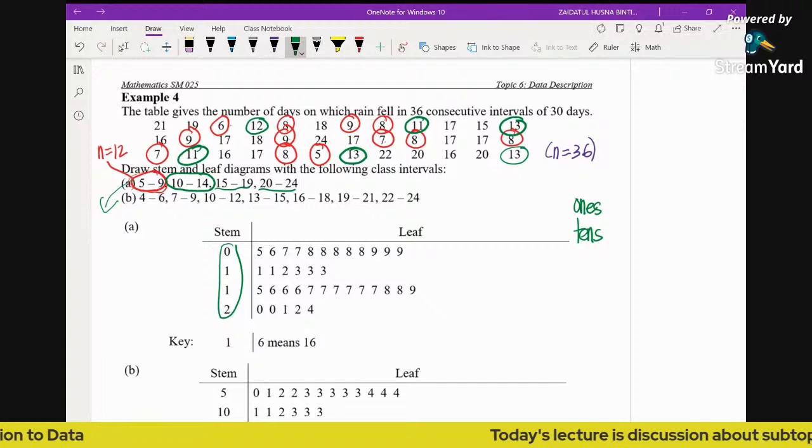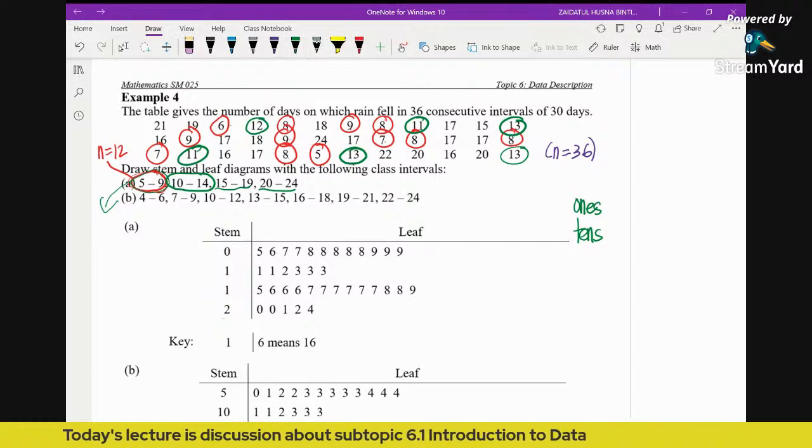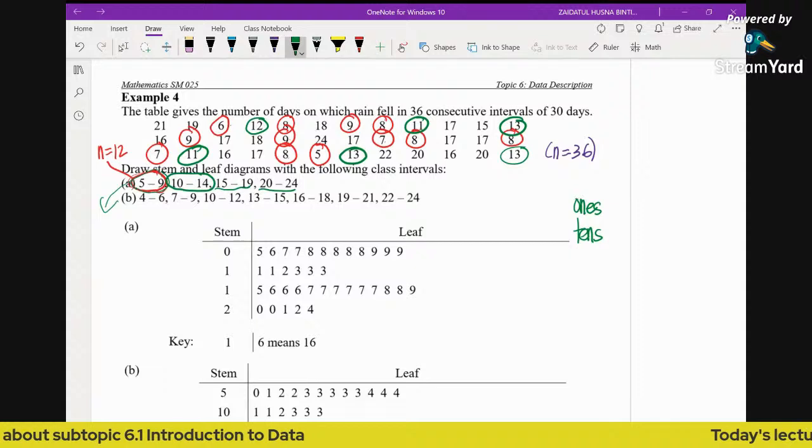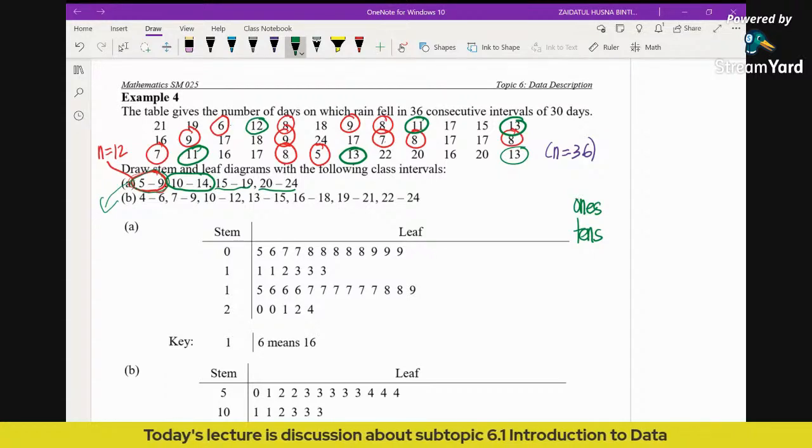Tens digit is nombor puluh. So 5 until 9 are ones digit numbers. If we write them down as two digit numbers, the front value will be 0, so that's why we put 0 here.